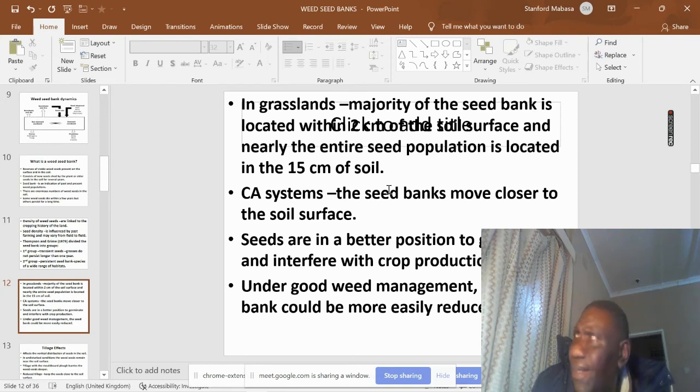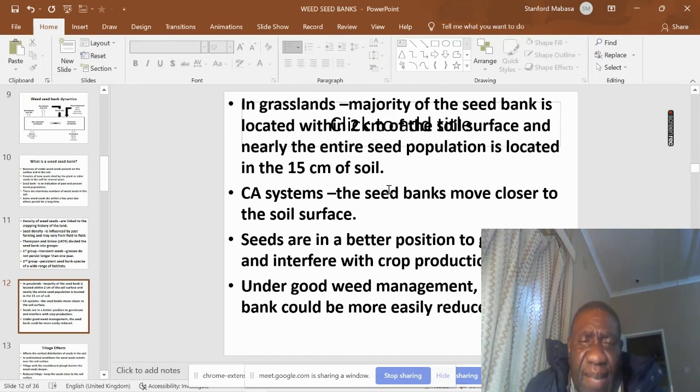In grasslands, the majority of the seed bank is located near the soil surface, and nearly the entire seed population is located in the top 15 centimeters of soil. In CA, which is conservation agriculture systems, we have seed banks which are closer to the soil surface.